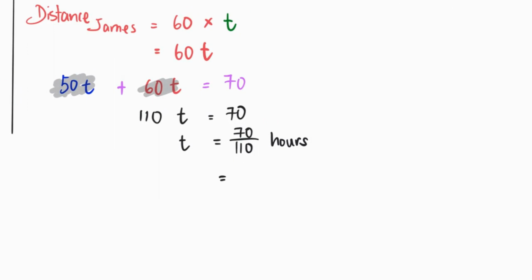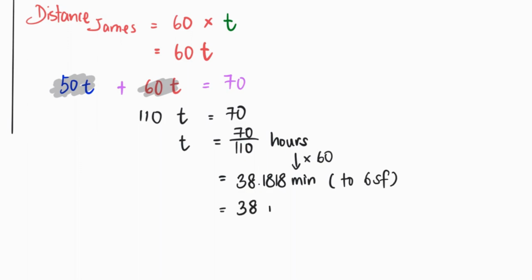Means that I'm going to multiply by 60 to give me minute. So 70 over 110 times 60, 38.1818, followed by 38 minute to the nearest minute.